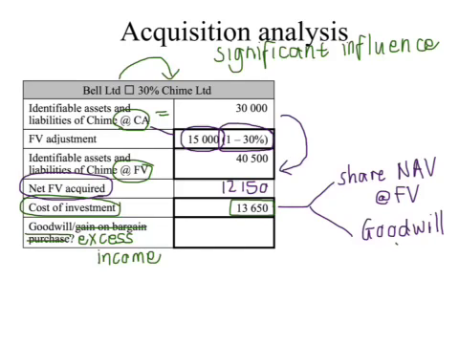So we can clearly see in this scenario that there's goodwill of 1,500 acquired. So we were willing to pay more for our share of the net assets valued at fair value, to the amount of $1,500. Now, in equity accounting, this goodwill is not shown separately, as is the case with consolidations, but it's included in our cost of investment.